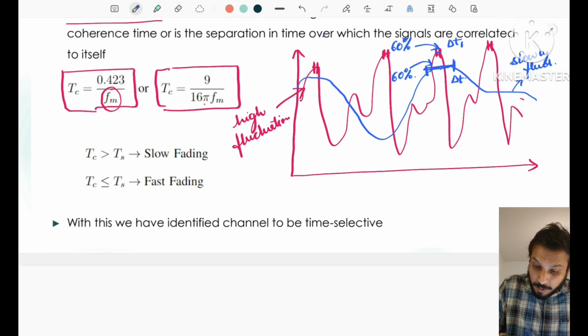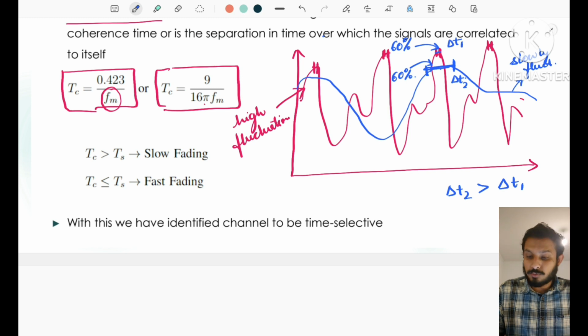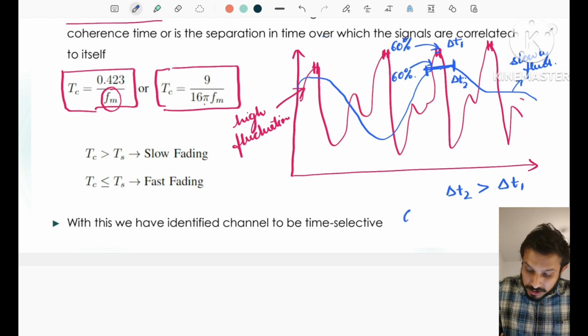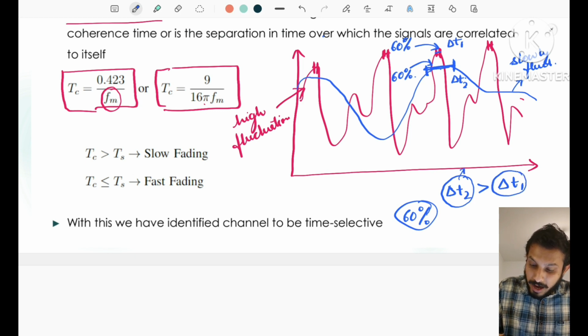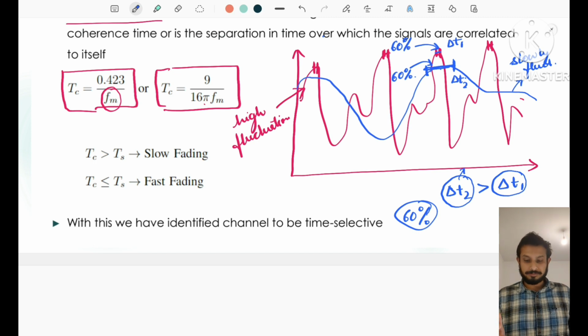It can be observed that this delta t2 is far greater than delta t1. That means to achieve 60% correlation, the slowly fluctuating signal will have a coherence time greater than this highly fluctuating signal.